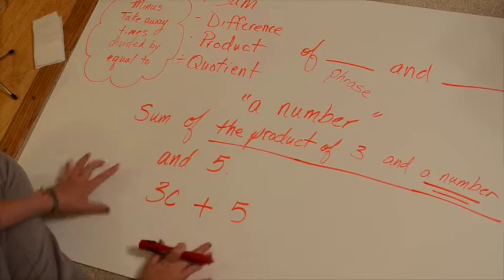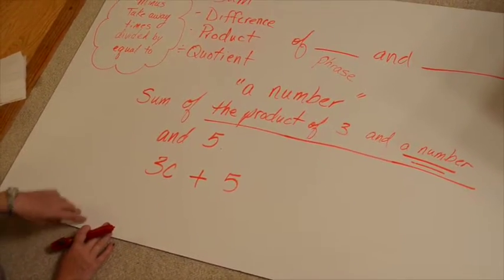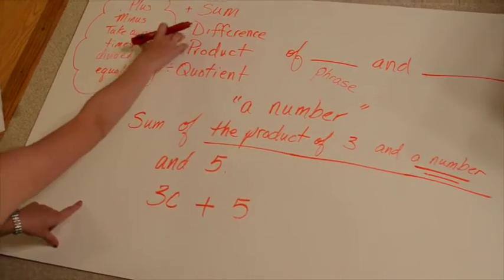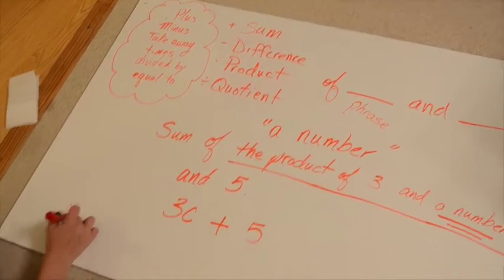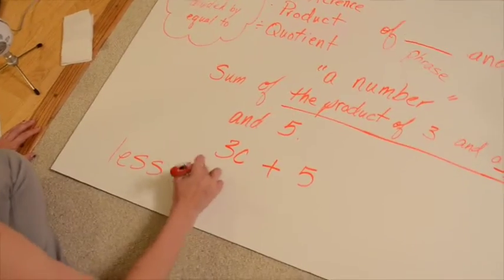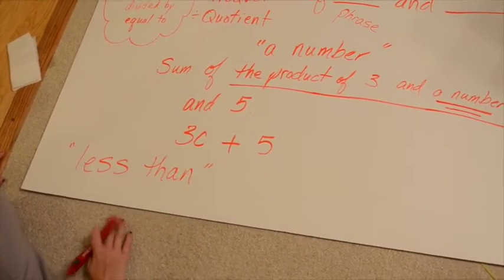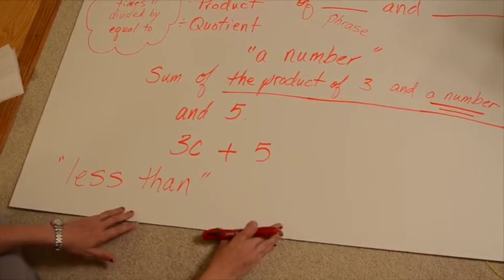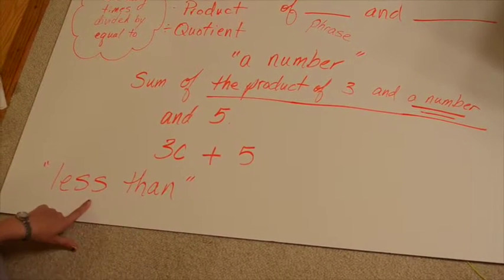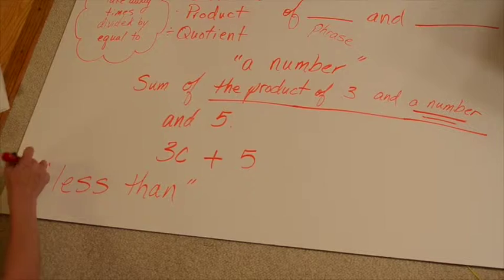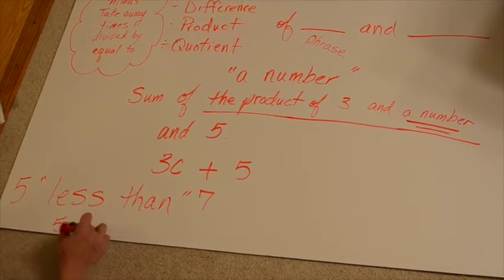Now, as challenging as those by themselves can be, the biggest problems always result in negative signs. For example, when we use less than. As soon as I say less than, even though it does mean I'm subtracting, it's never in the order it's written. For example, if I put a 5 before and a 7 after, this is not 5 minus 7.